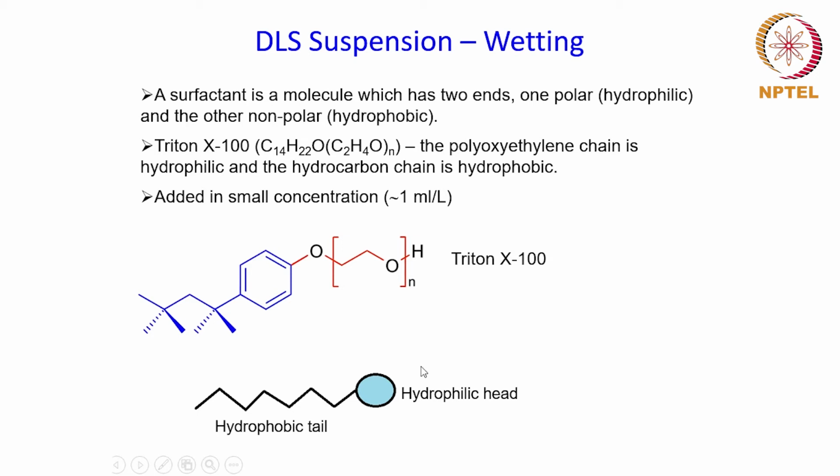And how does it help in wetting the particles by the liquid? Now, when you add this surfactant in small concentrations, these surfactant molecules can get attached to the particle surface like this.